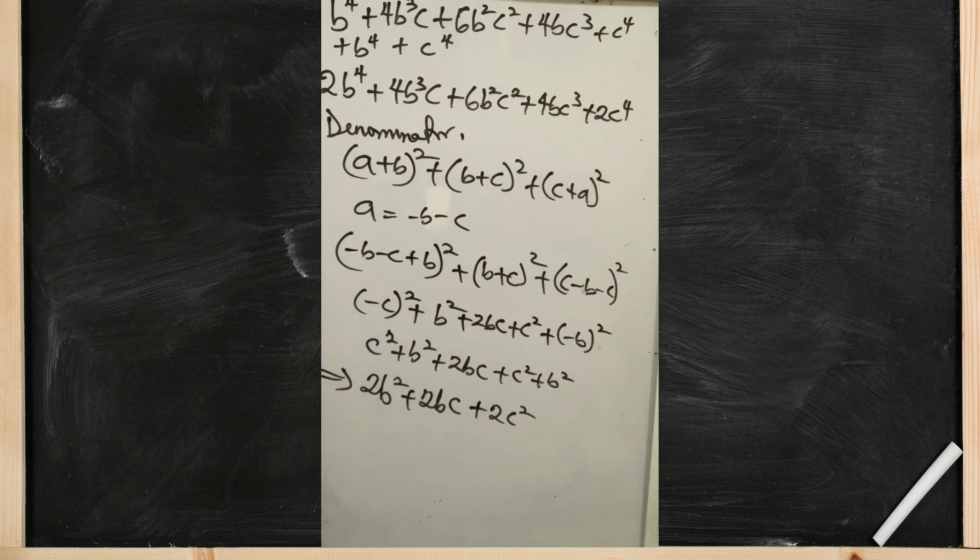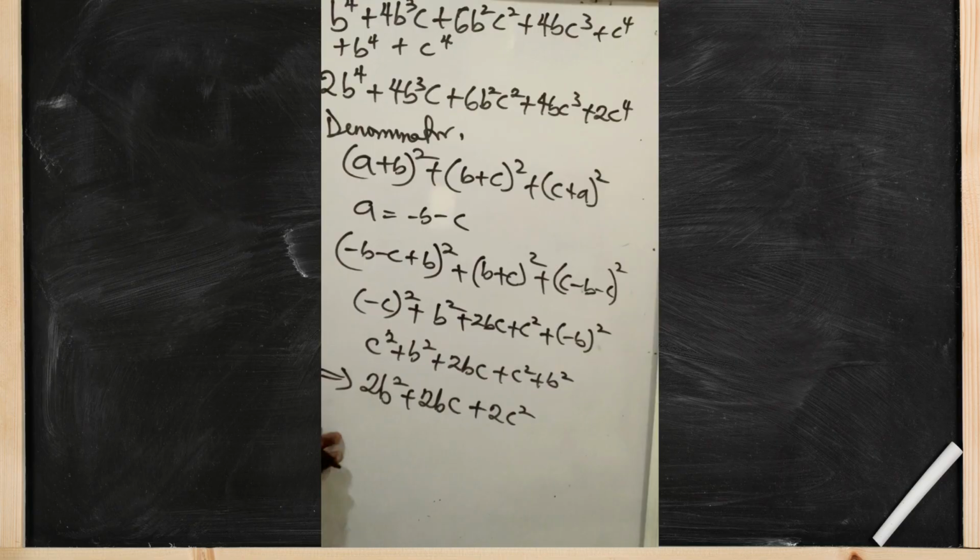So at this point, we can put them on each other. But when you're about to put them on each other, you observe that there is a common factor in this denominator, and there is a common factor in this numerator, which is 2. So you can easily factorize out 2 for the numerator.